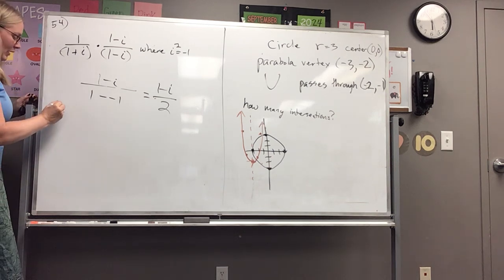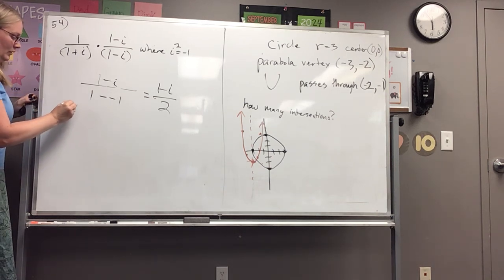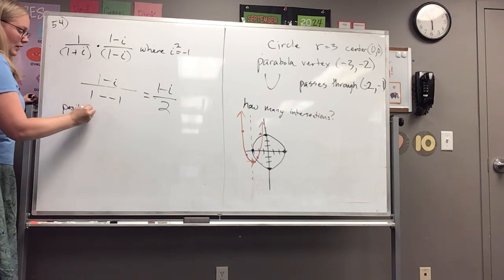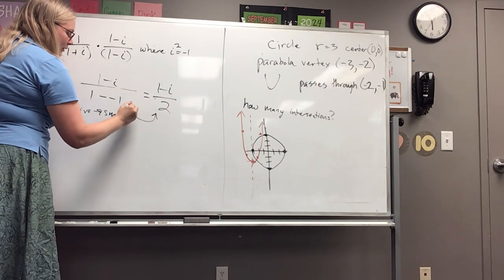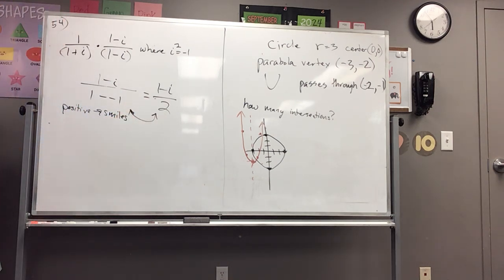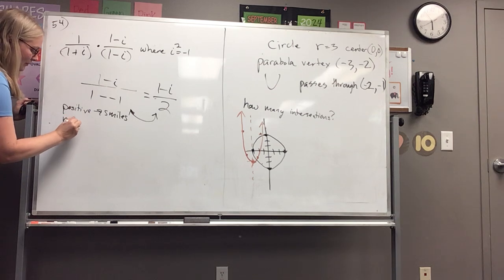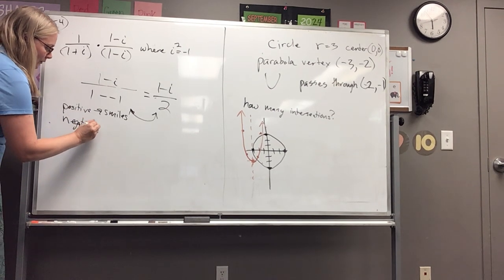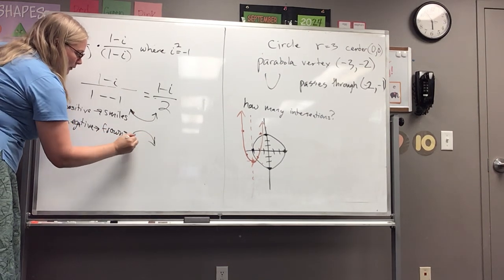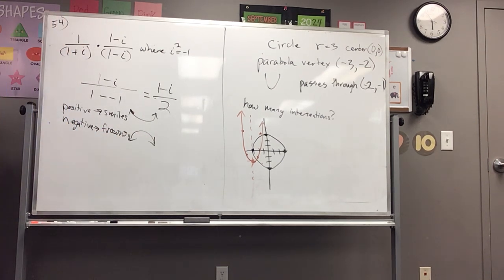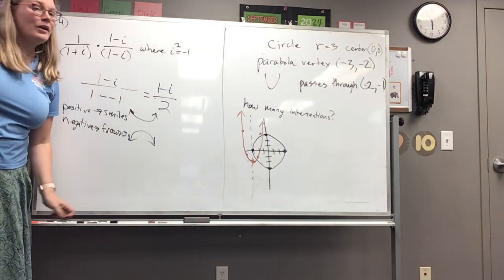So, if it's positive, it smiles. If it's negative, it frowns. And so that's a really easy connection in your brain. What is it going to look like? And with that, you're done.